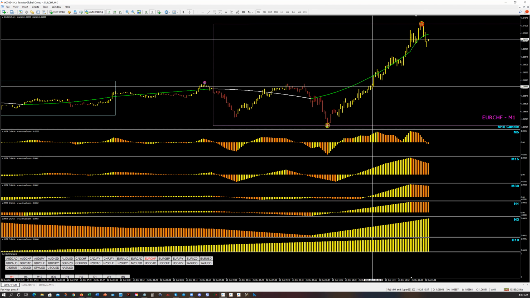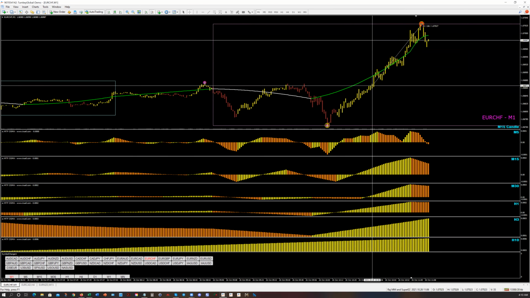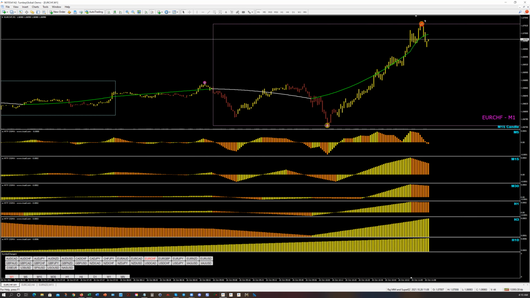That's the way I trade. I don't mean that's the way you have to trade. So 8 pips didn't give me my 27 pips, but I'm out at 18 pips. It's still a 2-to-1. I still made my pips.